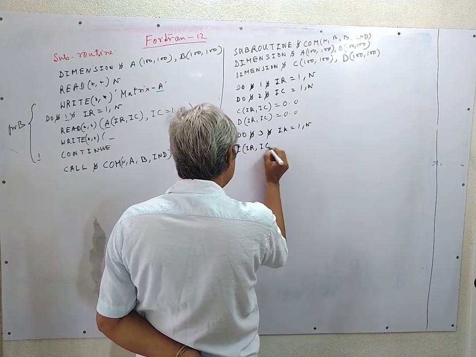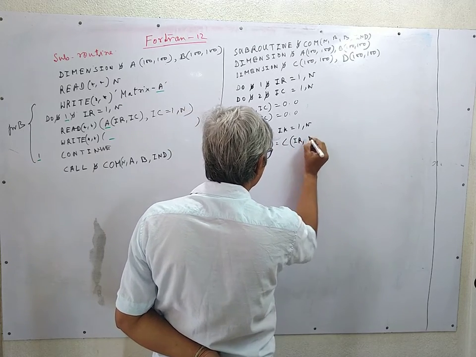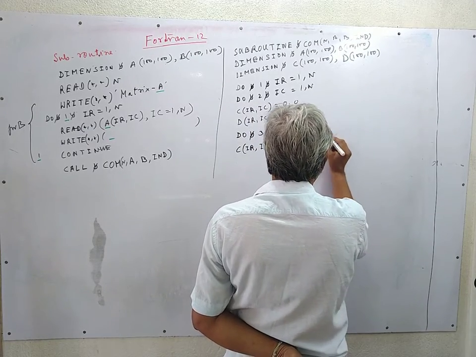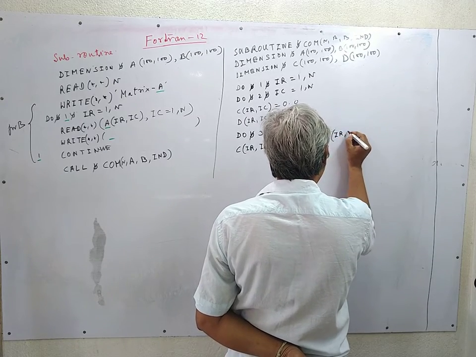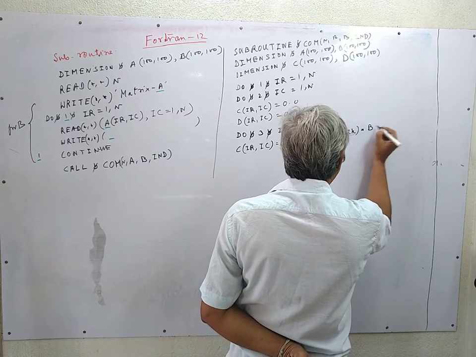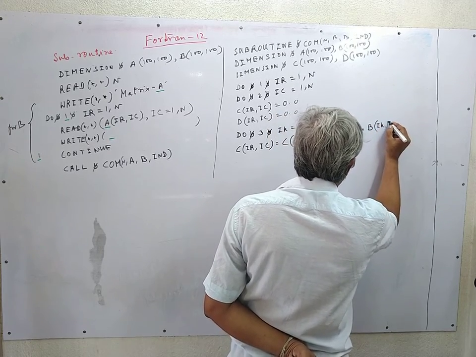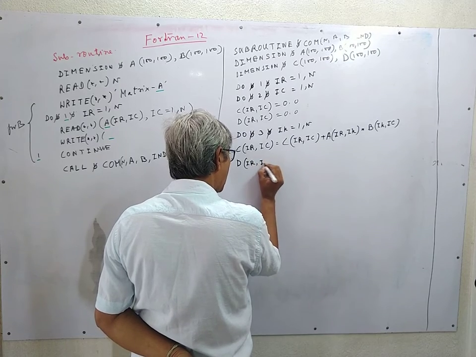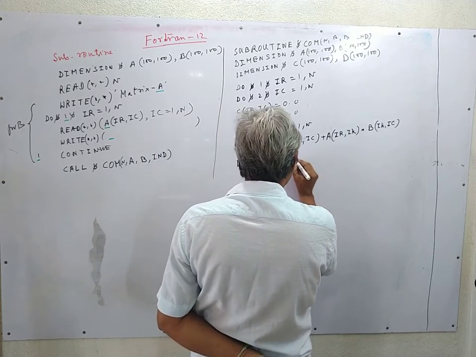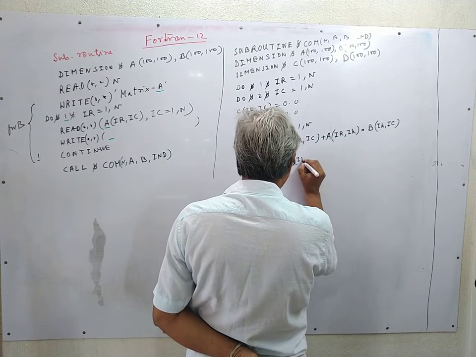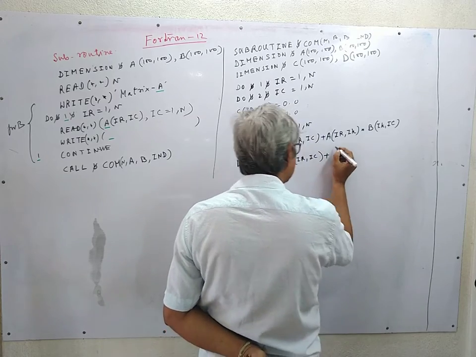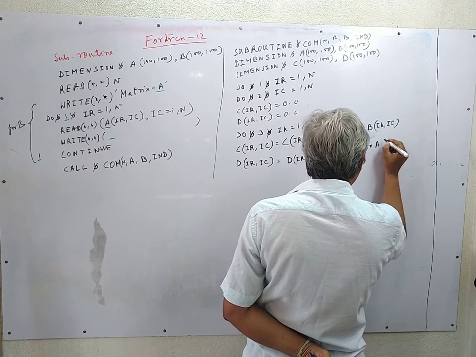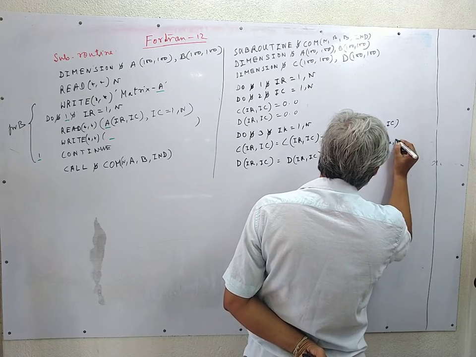CIR IC is equal to CIR IC plus A IR IK star B IK IC, and for D, IR IC is equal to D IR IC plus B IR IK star A IK IC.